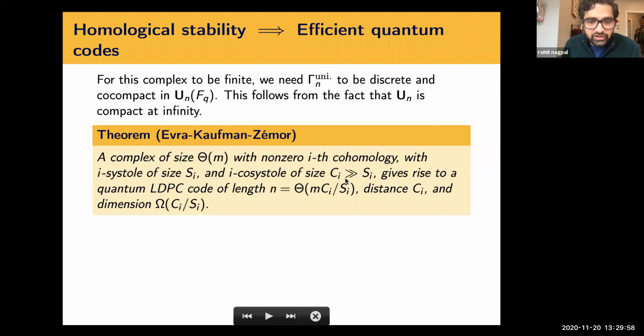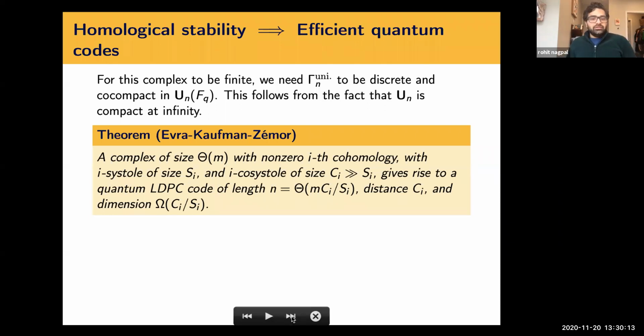That's what I think of it. I don't really understand this whole theorem very well, but yeah, it's just the size of the complex in some sense.